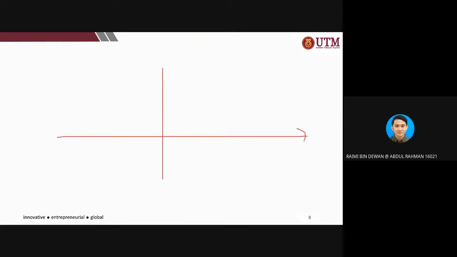For example, if you have t here, so you have a signal. This one is of course t negative, and this one is of course t positive. Let's say we take this one as our present, now.